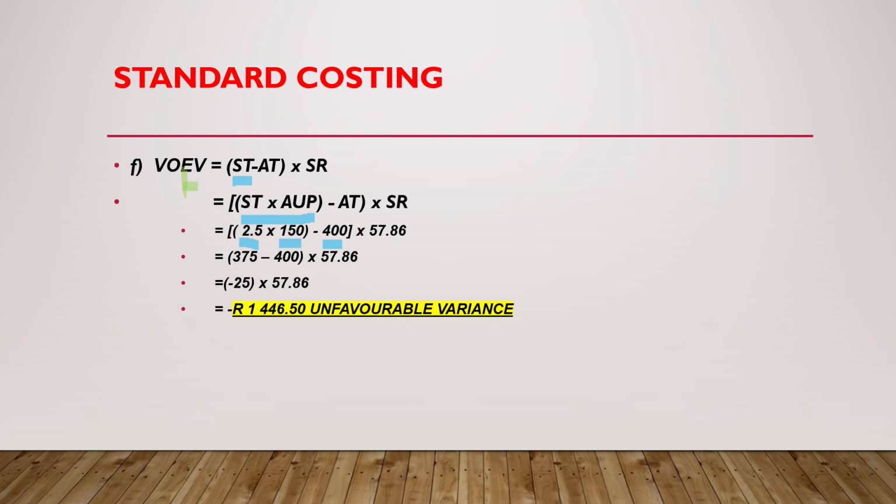So the shortfall is 25 hours. We have to add 25 hours, which we could have used somewhere else, multiplied by the standard rate, and then we have a deficit of 1,446.50 Rand.